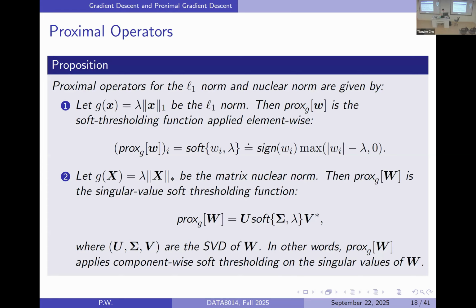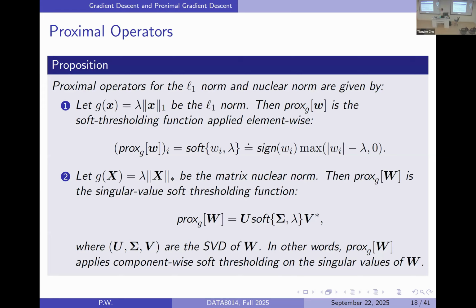We can concretely write down what this operator means. The ith entry of the proximal operator equals wi minus lambda if wi is larger than lambda.